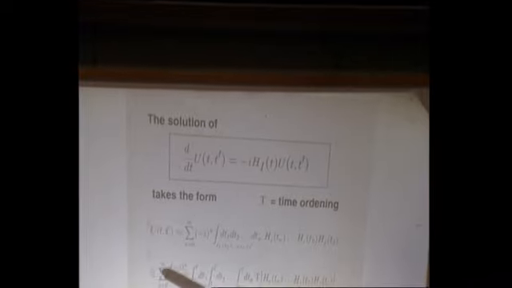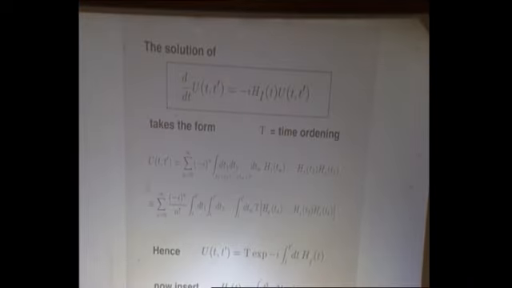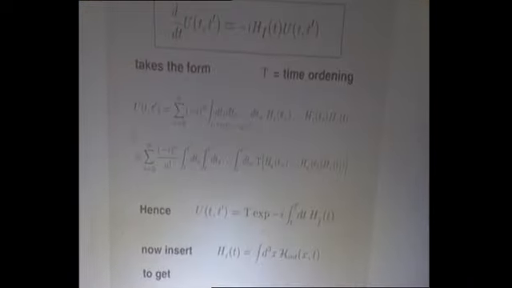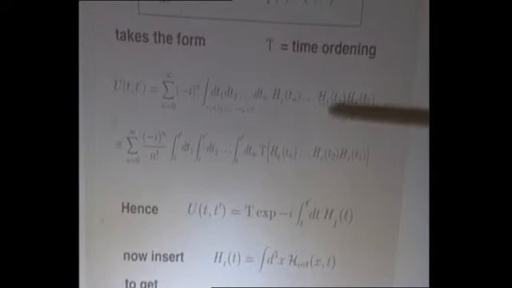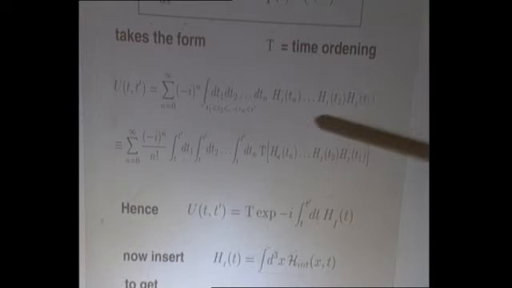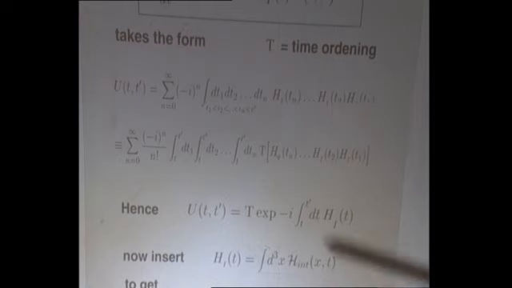And you can write the solution in the form of this sum, which should remind you of an exponential series. Then there are these products of Hamiltonians, ordered in such a way that the earlier time acts first, and so on, and we integrate over all times.